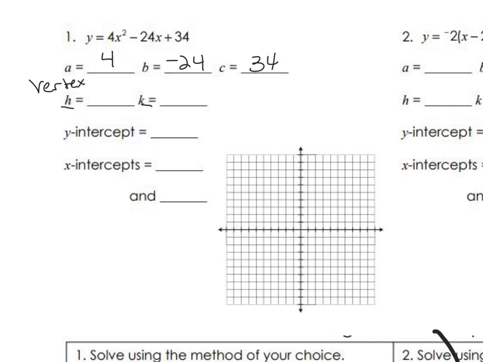All right, vertex is H and K. So my axis of symmetry is your H. So the opposite of B over 2A is the axis of symmetry. So it'll be 24 divided by 2 times A, so it'll be 8. So my axis of symmetry is 3, which is also my X for my vertex.